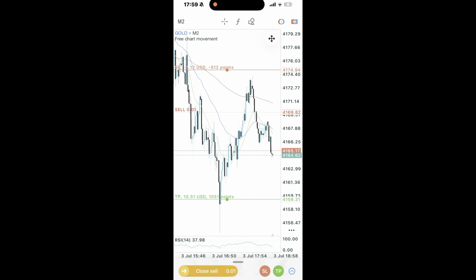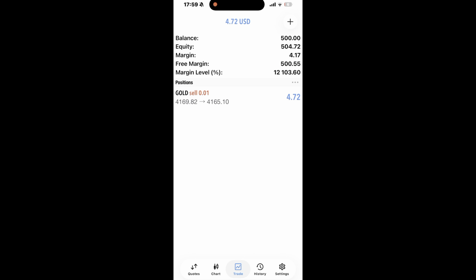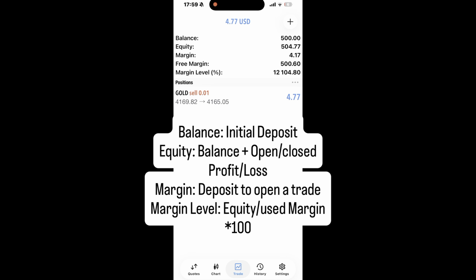When our position is in profit, we can put our stop loss on break even, so we have a risk-free trade. Only open one position at a time because you need to manage that trade, you need to look after it, and always be aware of these numbers. That's super important. So your balance is your initial deposit, your equity is your profit loss plus your deposit, which you can see here is now 504.66 because it's also counting open positions.